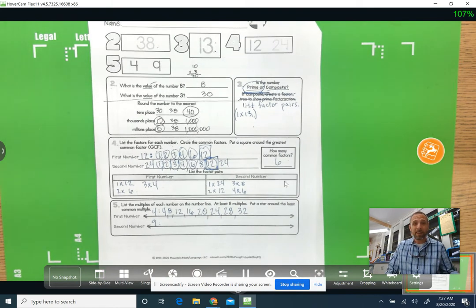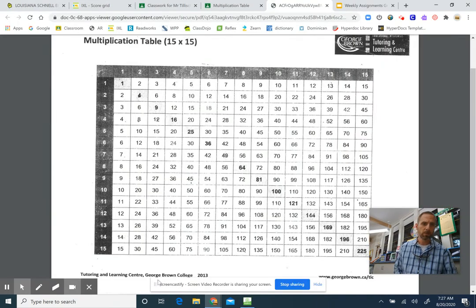Now let's start skip counting by nines. Let's list the multiples of 9. The multiples of 9 are 9, 18, 27, 36, 45, 54, 63, 72, 81. Okay. Skip counting by nines allows us to find the multiples of 9.